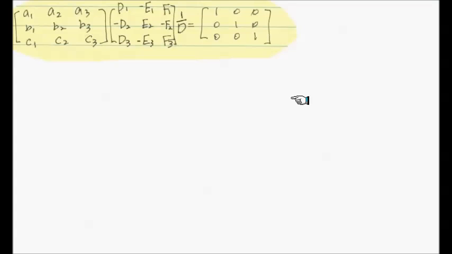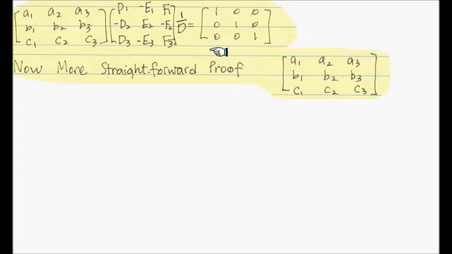It's a more straightforward result. You just show that this matrix we found here simply is the inverse by just multiplying it. So that will be a more straightforward proof. So we're going to go through the more straightforward proof. It's a lot easier than the motivational approach we did over there.